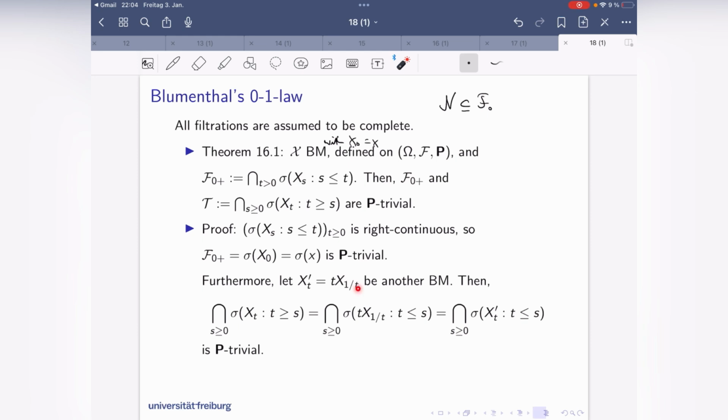And if t approaches 0 here, x1 divided by this small number, so the sigma algebra of this xt prime here will be the tail sigma algebra, because, well, we can look at this intersection here, sigma algebra of all xt's, t bigger than s, or s smaller than t, I have to say.